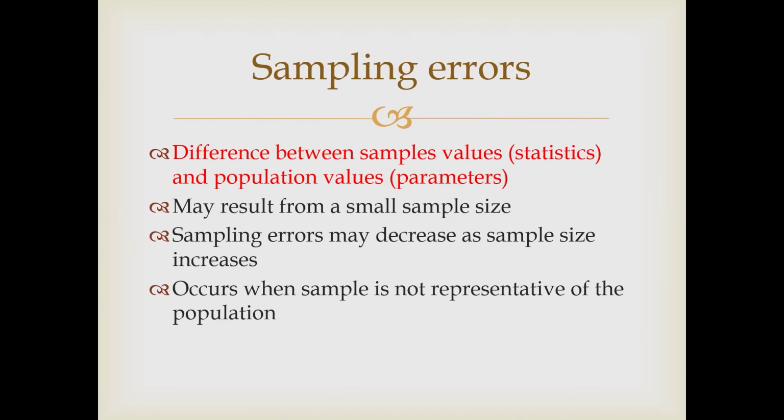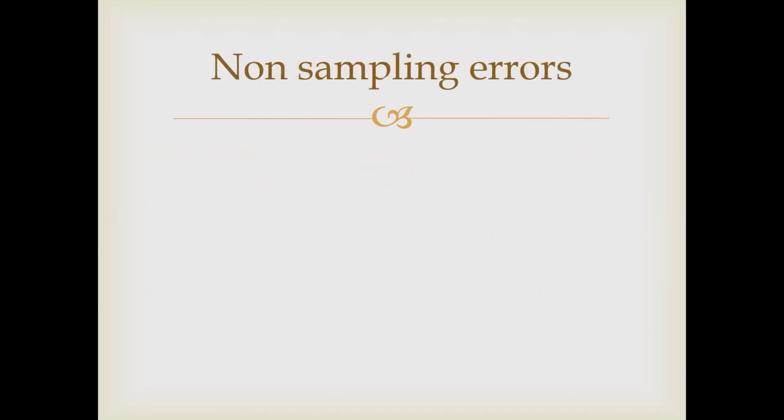When the sample size is small, the sample will not be representative, and therefore the sampling error will be more. Sampling error comes because of the sample size.